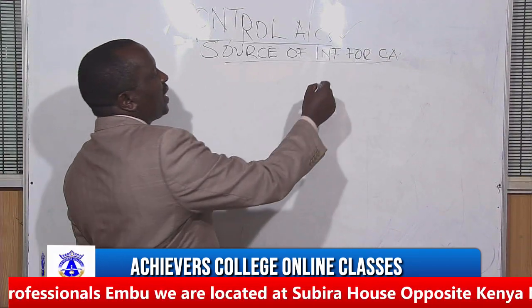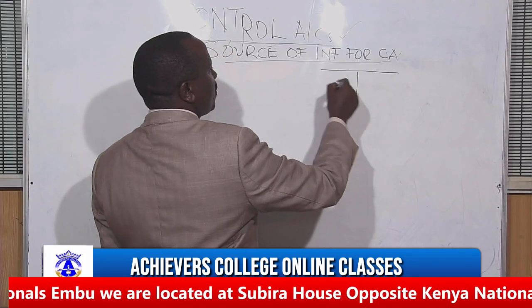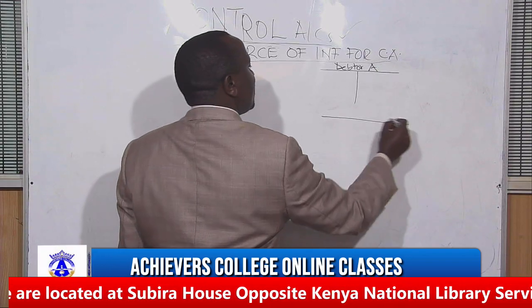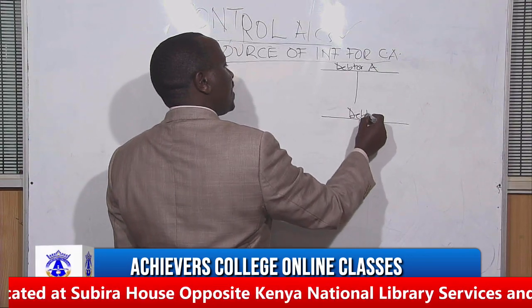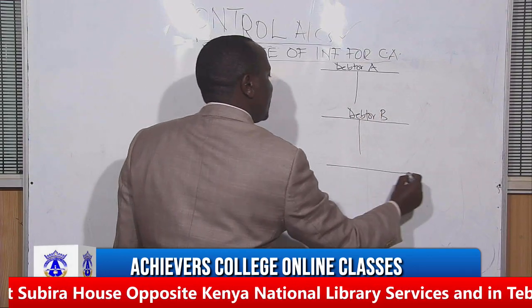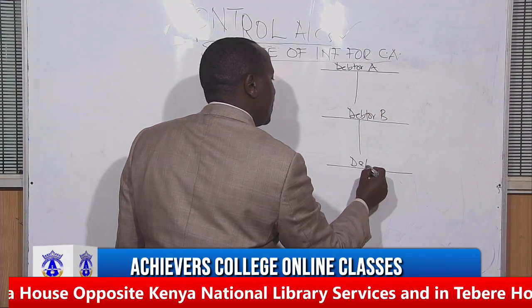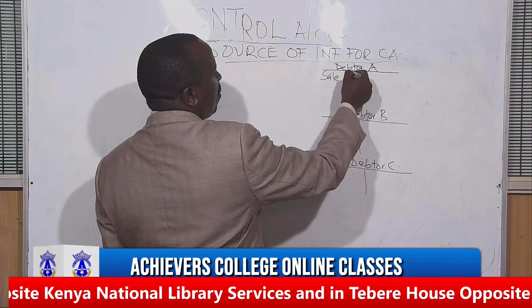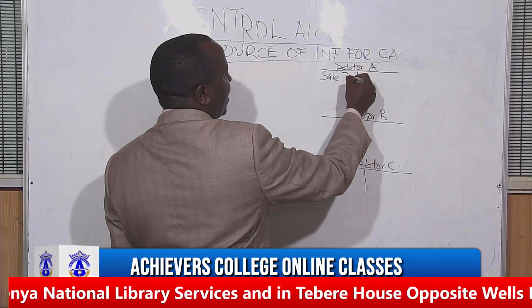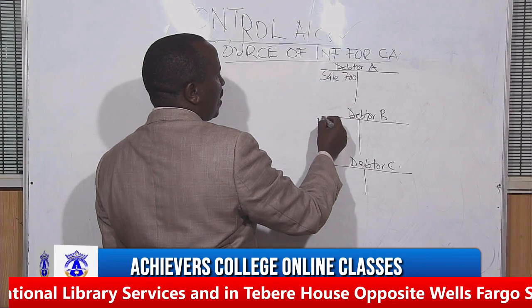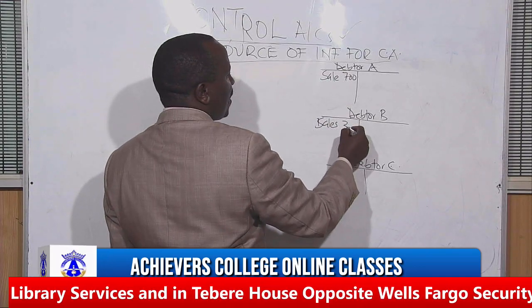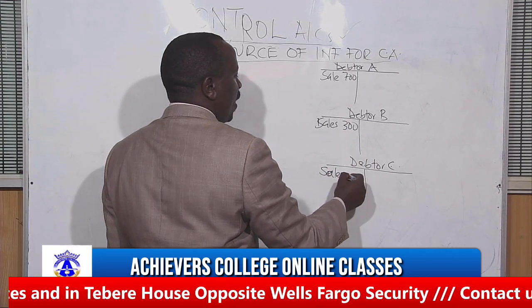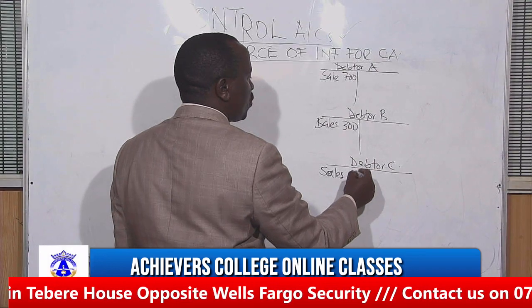Assuming that we have debtor A, debtor B, and debtor C. Supposing A bought goods worth 700, B bought goods worth 300, and C bought goods worth 200.